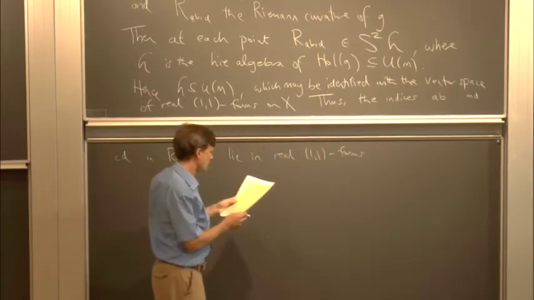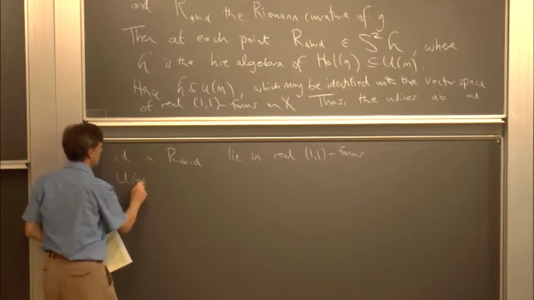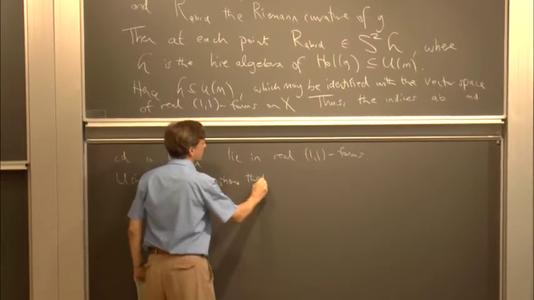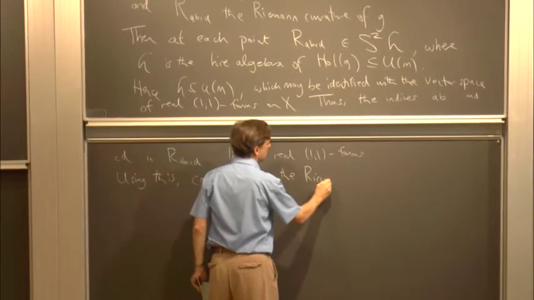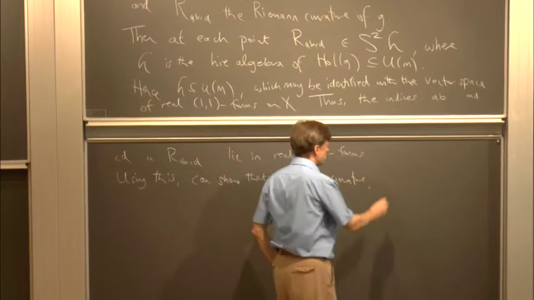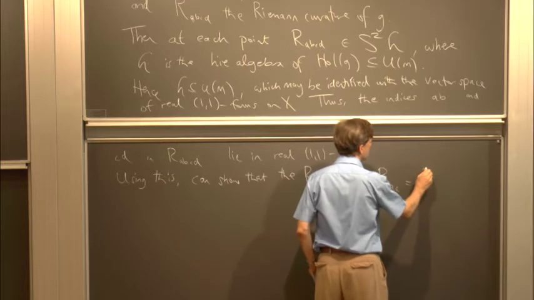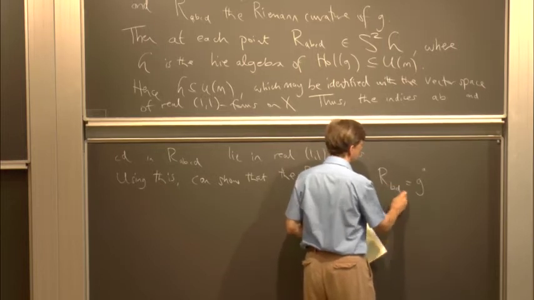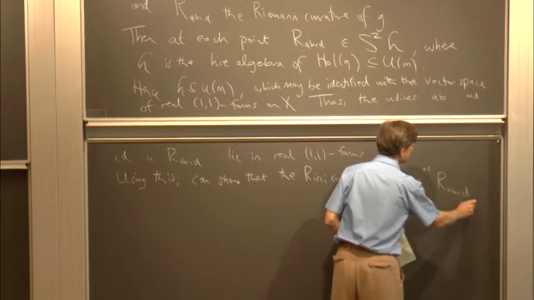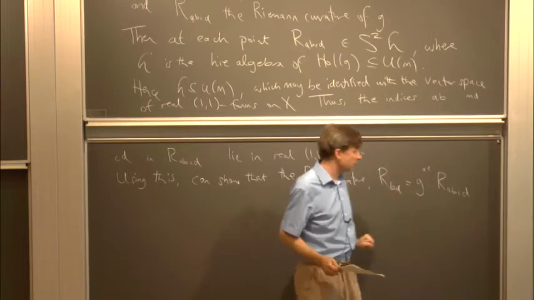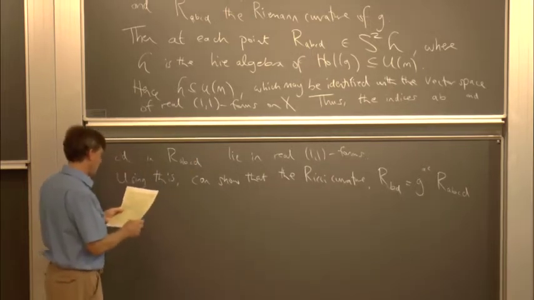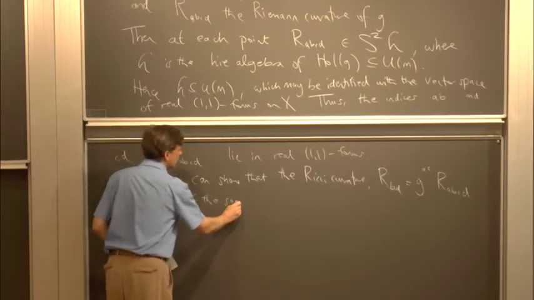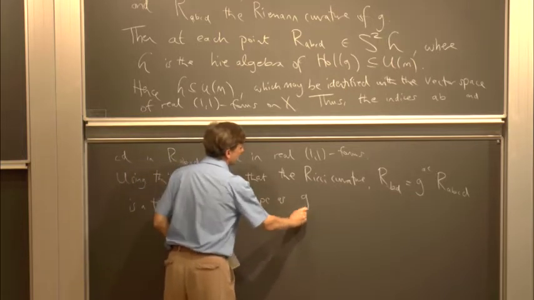So if you use this, we can show that the Ricci curvature, which you can write as R_bd = g^ac R_abcd, so you take the trace using the metric of the first and third index, is a tensor of the same type as g.